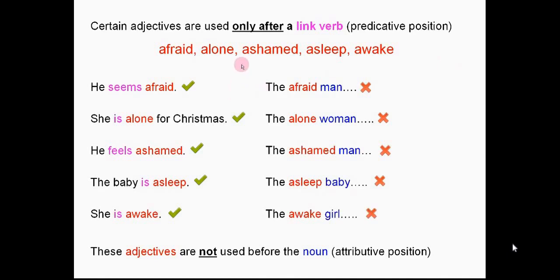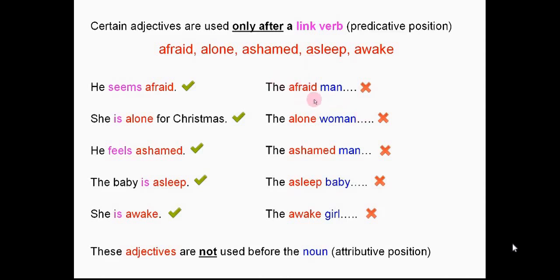So, for example, here we cannot say the afraid man, but if we really want to use an adjective before a noun with this meaning, then we have to use a different adjective. For example, here we could say the scared man.